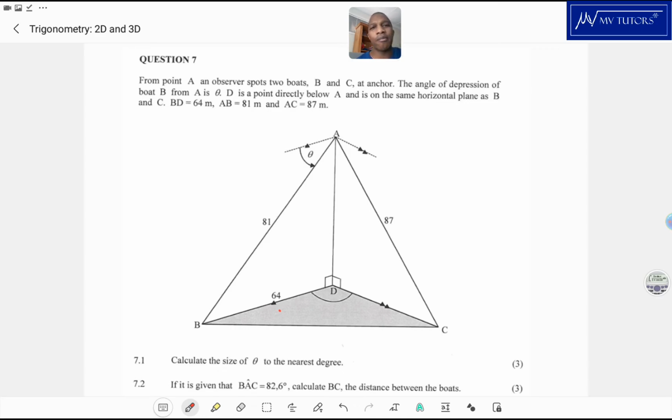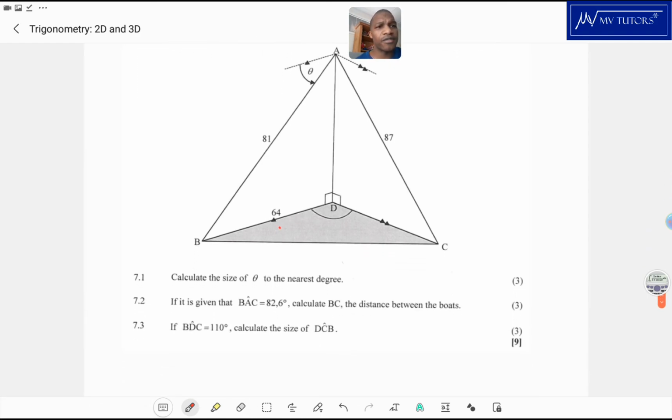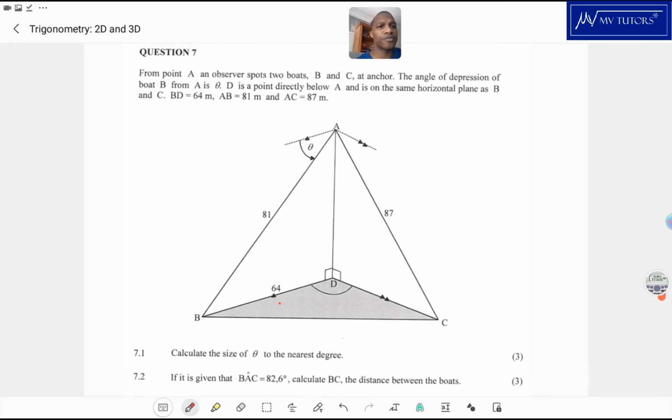A corner at the bottom, because the shaded area is the floor, and then D is the corner, and then moving up, A would be on the ceiling, and these sides are just the sides of the corner wall. So just imagine that, but you can see it as well if you can't visualize this properly. Now it says calculate the size of theta to the nearest degree.